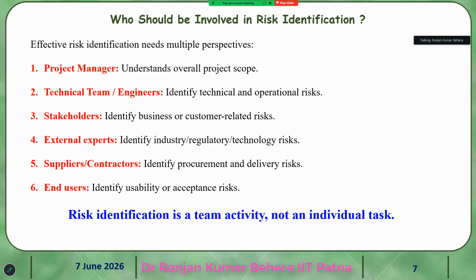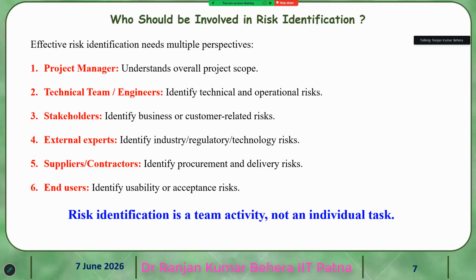Then the regulatory board will give you certification, according to standards, on whether you are able to do these things. And then technology risk also comes into existence. What kind of technology are you going to develop, whether that technology is available in India, or if it is not available, how to borrow it.